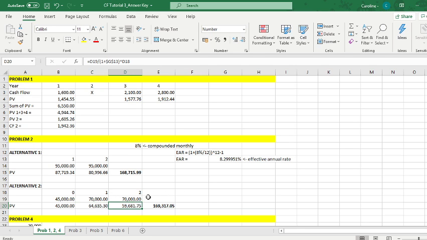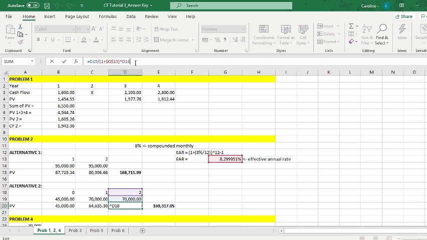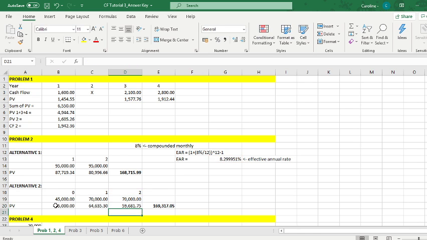While in the second year you need to use t of 2. You just add these present values up, and you find that the present value for alternative 2 is 169,317.05.